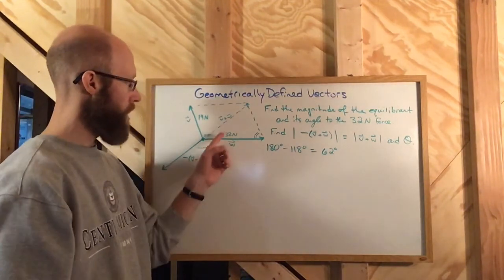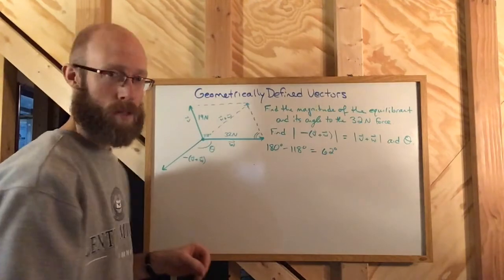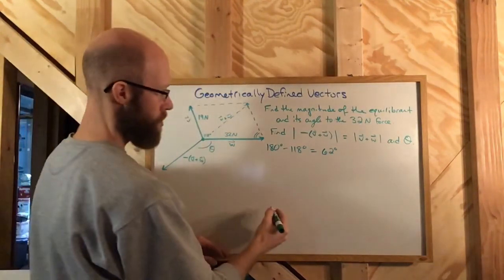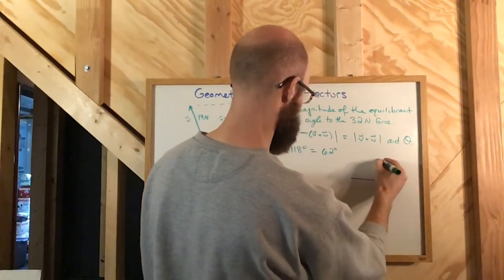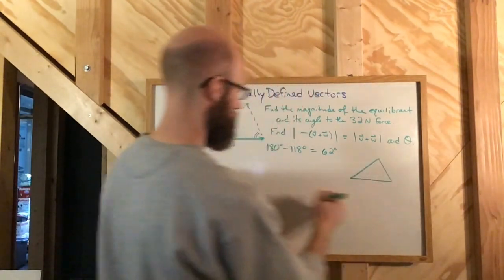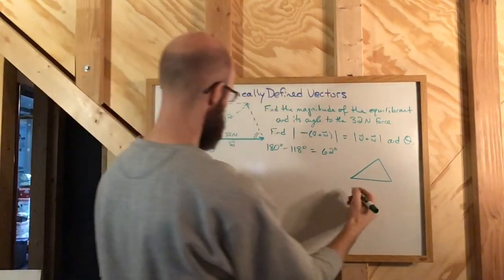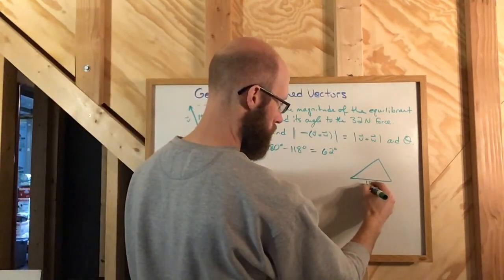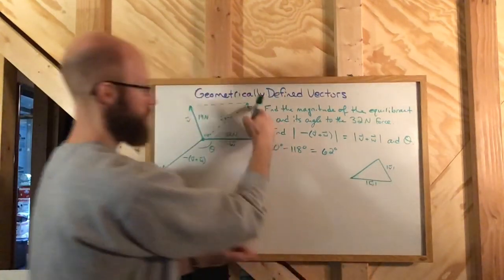And so now to find the magnitude of V plus W, I'm going to use the law of cosines, because now I'll draw this over here separate. I essentially have a triangle, which is this lower right triangle, where vector W is one of the sides, vector V is this other side here.